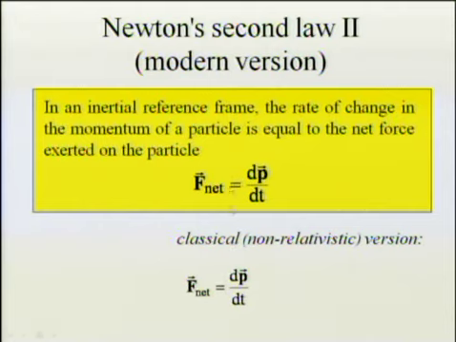All right, so if I start with this expression, that the net force is equal to the rate of change in momentum of a particle, net force exerted on the particle, I can write down now that momentum is equal to the product of mass and velocity of the particle.